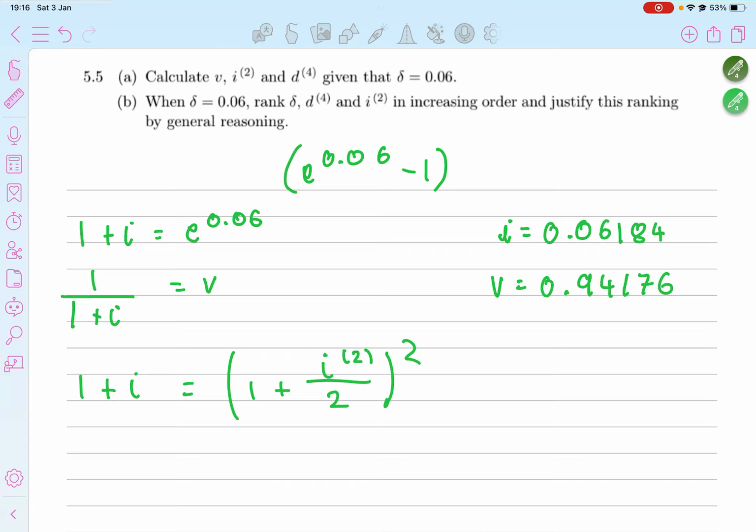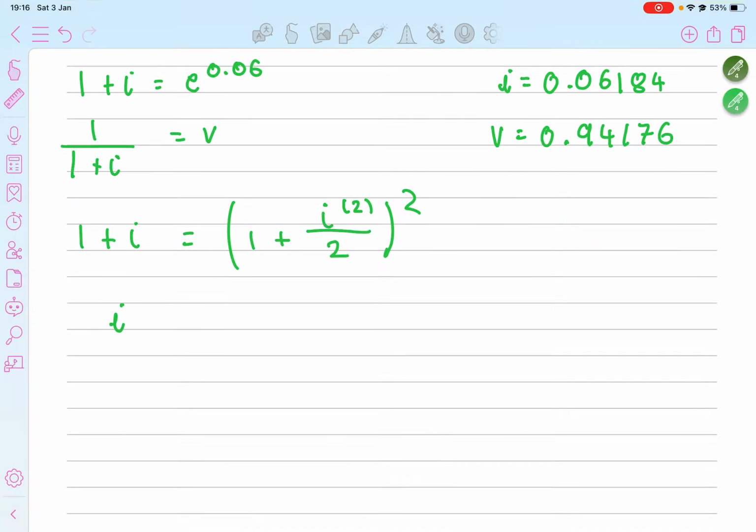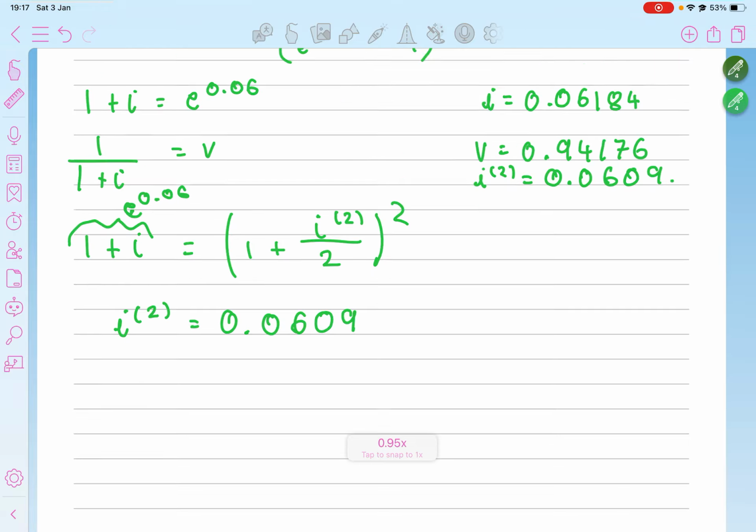So e to the 0.06, and then square root of that, minus 1, times 2. i2 is equal to 0.0609. So I'm just going to write that up here, just so I can mark it easier. We'll double check it at the end.